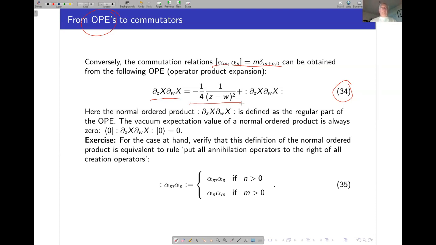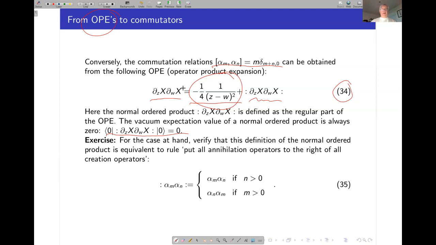And then the operator product might have further terms, but these terms are regular for z going to w, and therefore this so-called normal ordered product does not contribute to the vacuum expectation value. So the singular part of the OPE is the part which gives us the vacuum correlation function for these operators.